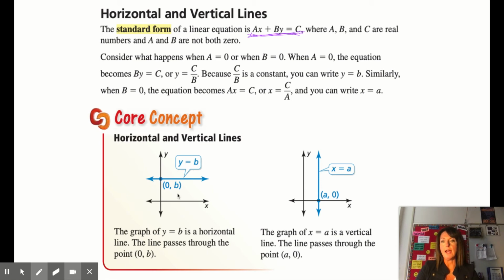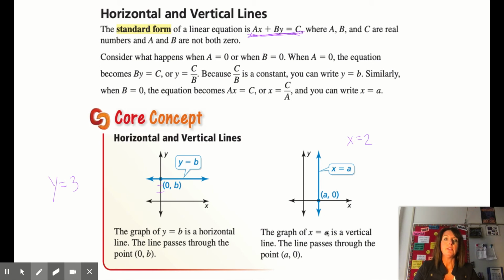So when you see y is equal to something like 3, then you know that on the coordinate plane, if you went up 1, 2, 3, it's horizontal and it's at 3 everywhere. In this other case, x is equal to 2.